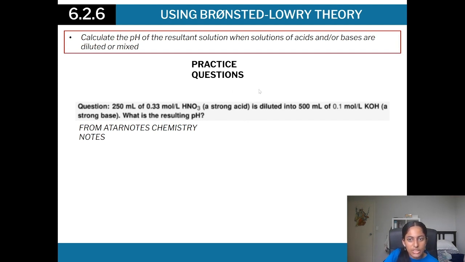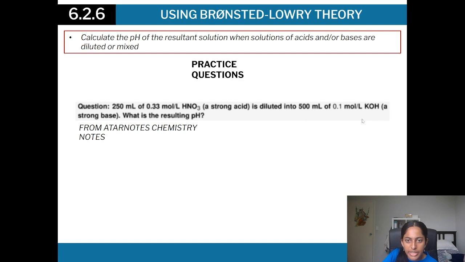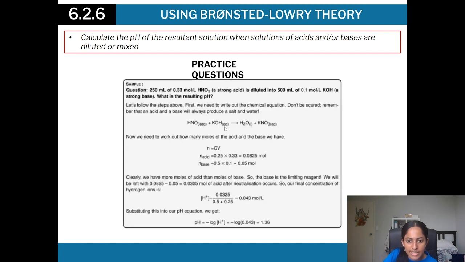So all you have to do is use your limiting reagent knowledge. Firstly, you know that it's HNO3 and KOH, so these two get added together to produce H2O and KNO3 as your salt. And then you just figure out the number of moles of each of them.